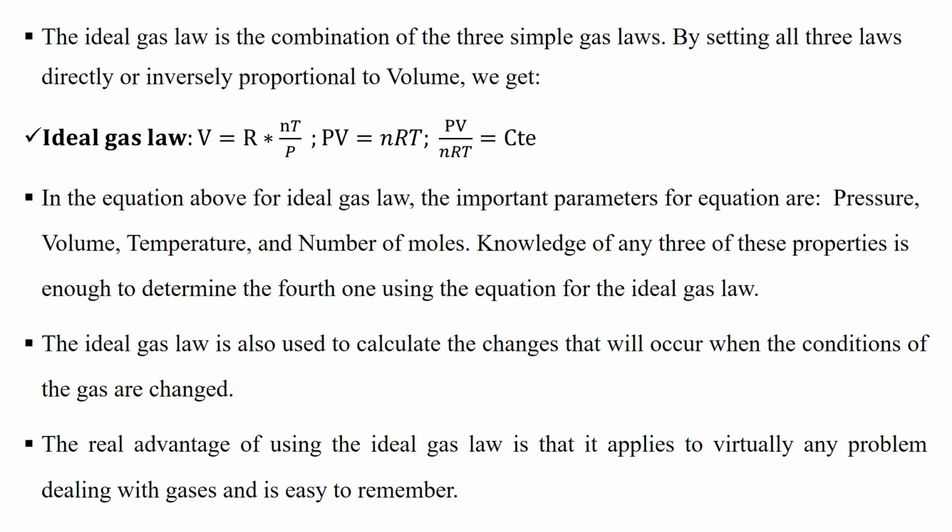Then this ideal gas law is also used to calculate the change that occurs when you change the conditions. For example, when you change the pressure and the volume, you can calculate what will happen to the other parameter, like the number of moles. Or you can change the temperature and see what happens to the volume, or calculate the change in volume.